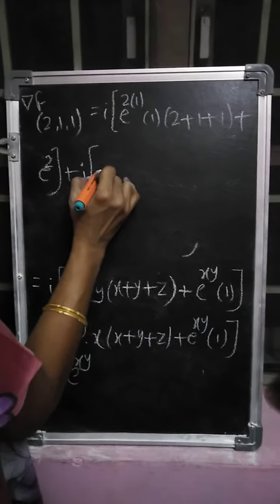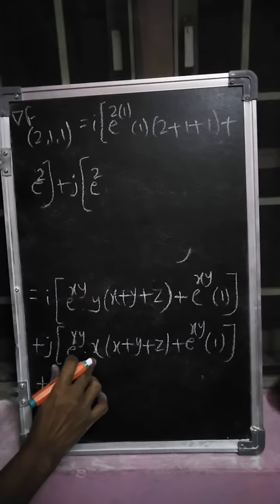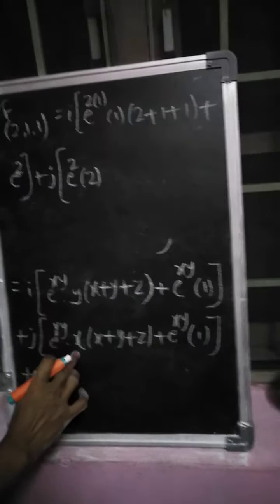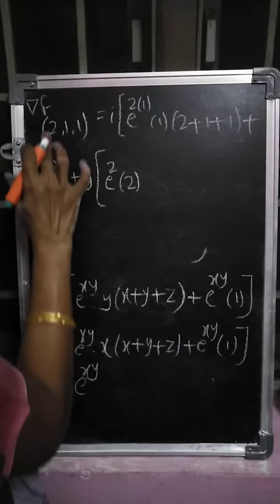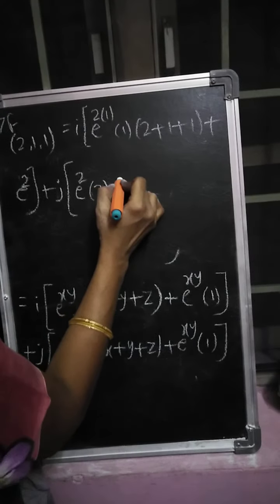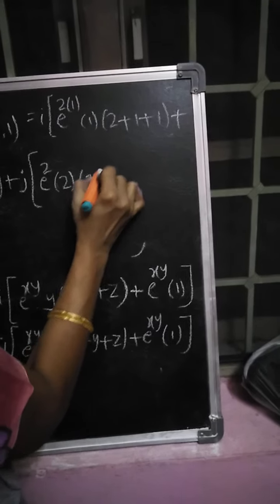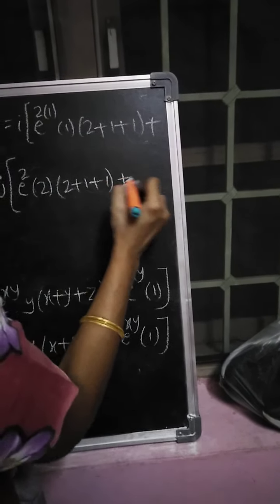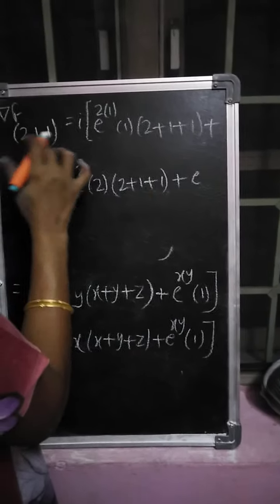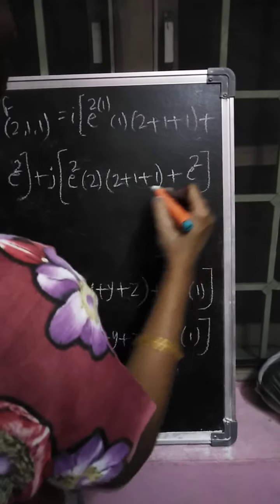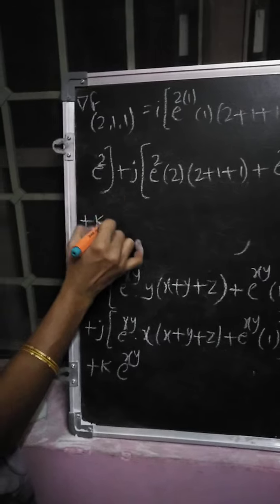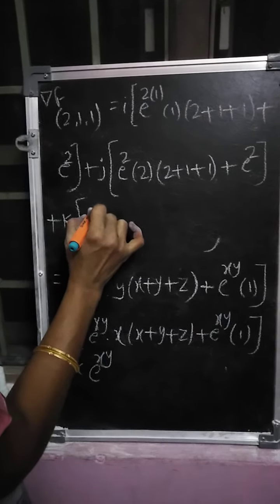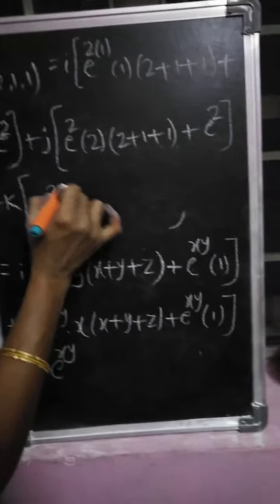E power xy means e to the x times y, with x here being 2. X plus y plus z is 2 plus 1 plus 1, plus e power xy. E power xy means 2. Plus k into e power xy. E power xy means 2 into 1, e square.